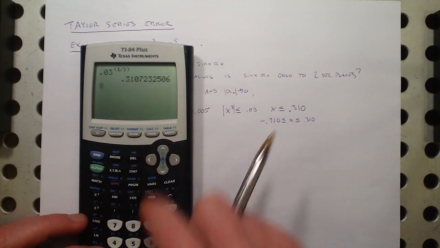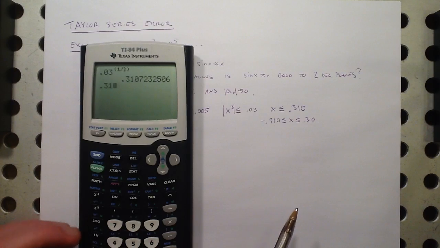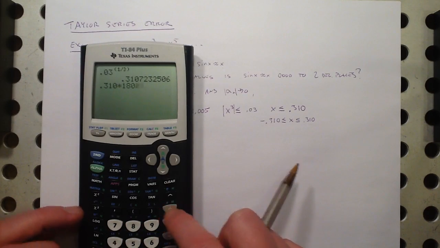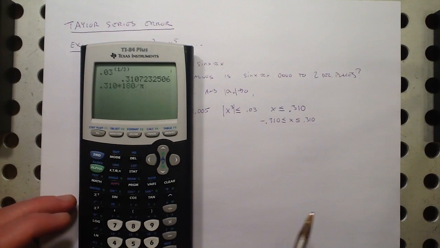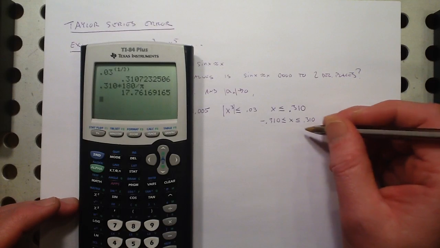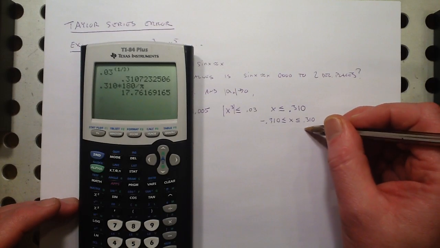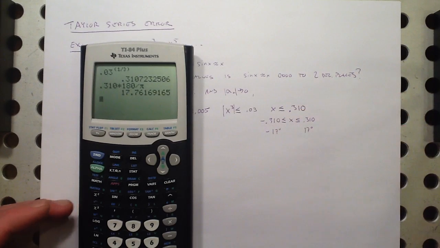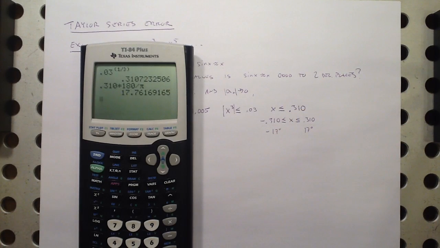If I take 0.310, multiply by 180, and divide by pi, we're talking about 17.7 degrees or so, so about 17 degrees-ish.